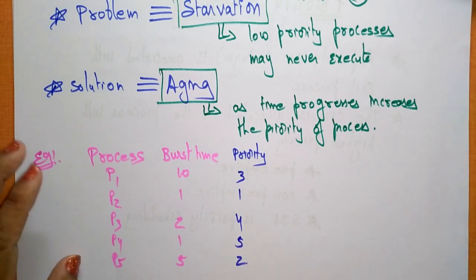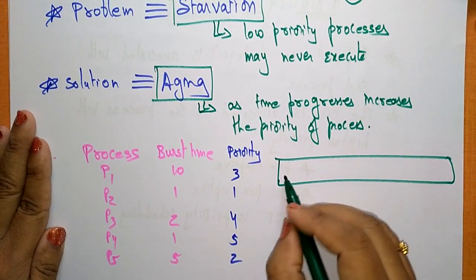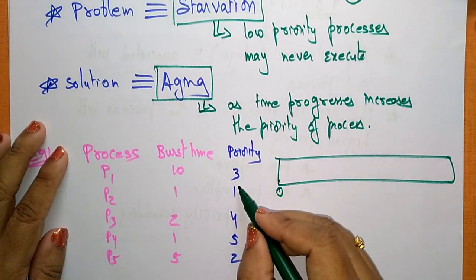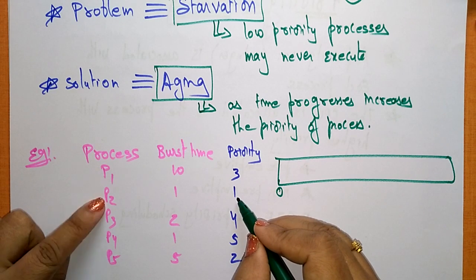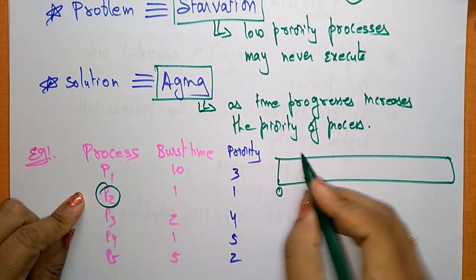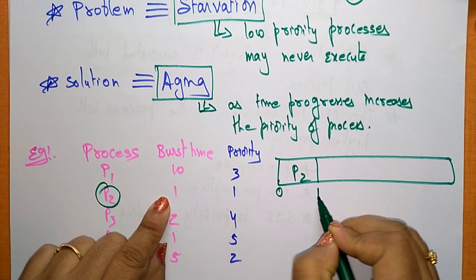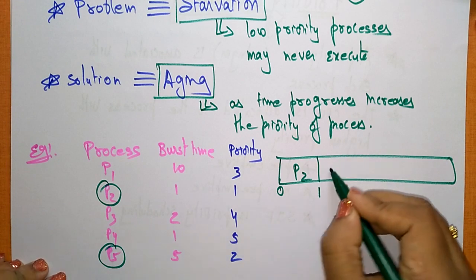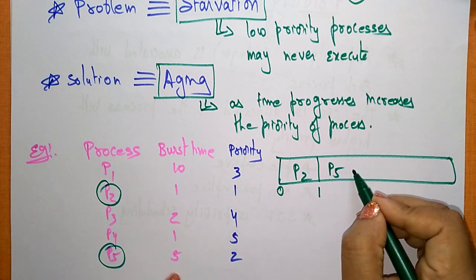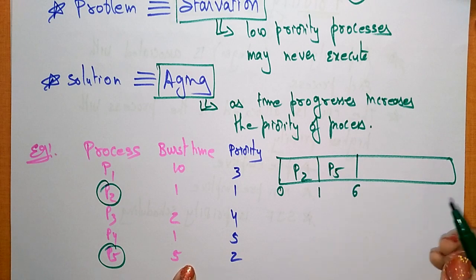Now let us see how the processes execute in the CPU. Which has the highest priority? The priority starts from the smallest integer, so 1 is the highest priority. So P2 is first, with a burst time of 1. The next highest priority is P5, with a burst time of 5, so 1 plus 5 is 6.